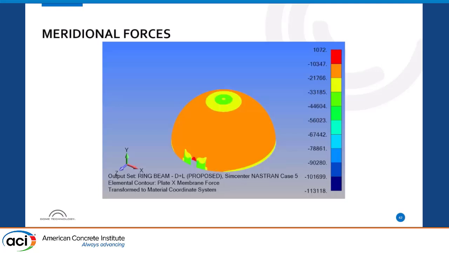Similarly, the meridional forces show it really well. We're not getting a lot of granularity in our contour because we have such high stresses right here. Okay, again, maybe we want to look at something away from that opening.